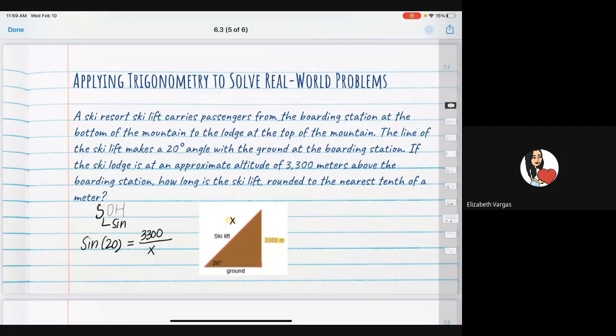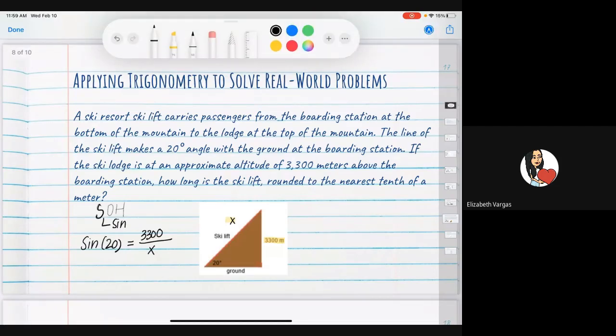And what we see here is that we have something that looks a little bit different, but we can still solve it. And the way that we're going to solve it is we're going to multiply by x like we normally do. That takes us to x sine 20 equals 3,300, but I still need to isolate my x. So now I'm just going to divide by sine 20.